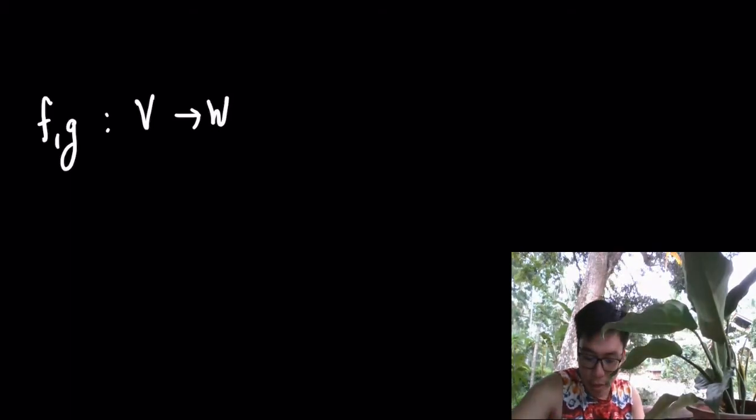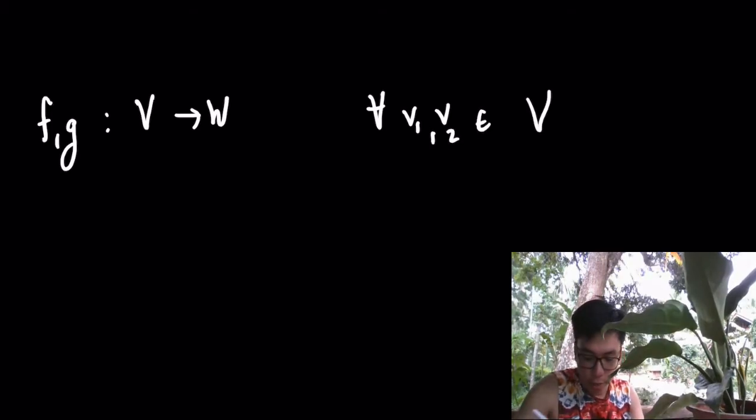Okay, so suppose we're given two functions here, f and g, and your f and g are actually a mapping from V to W. And you consider elements here, for every v1 and v2 in your V, so that means it's coming from your domain.